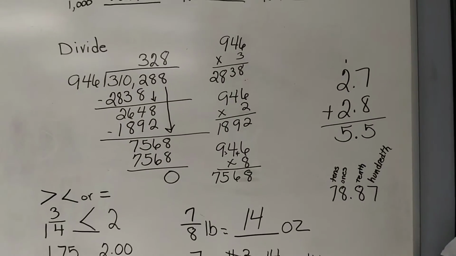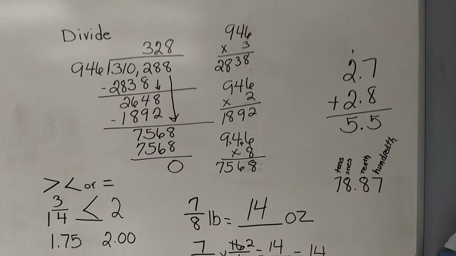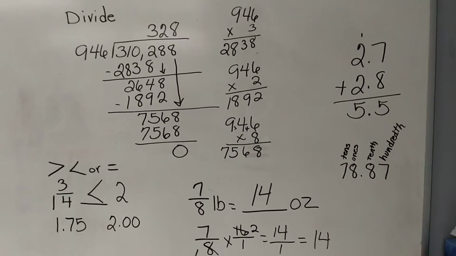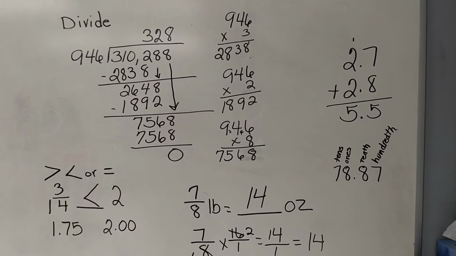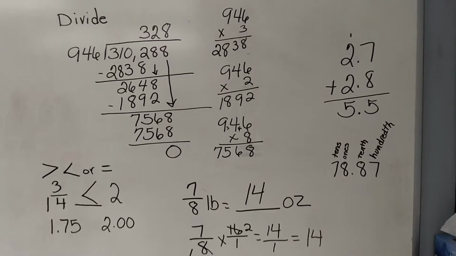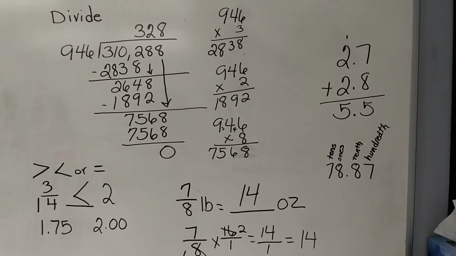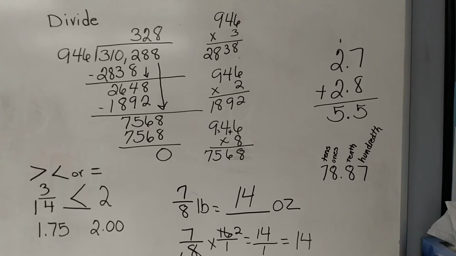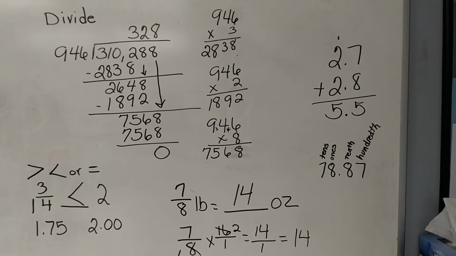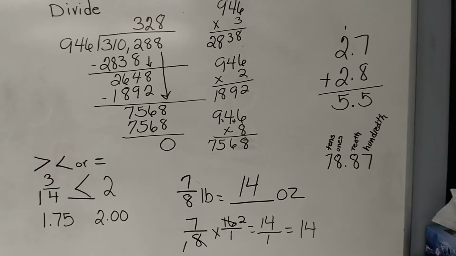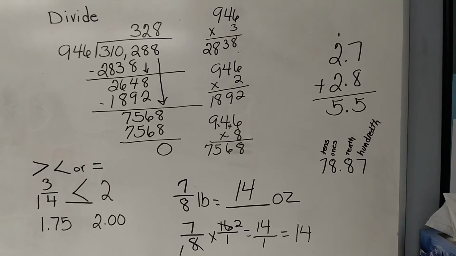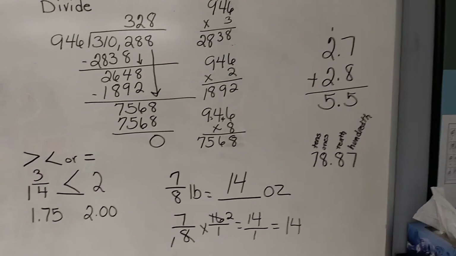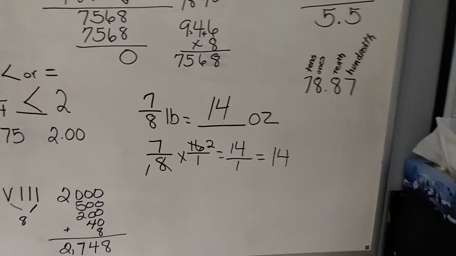You would multiply 946 by 2, which is 1,892. You would subtract. You would get 756. Bring down your last 8. 946 times 8 equals 7,568, which you would subtract, and your remainder would be 0. Your answer would be 328.